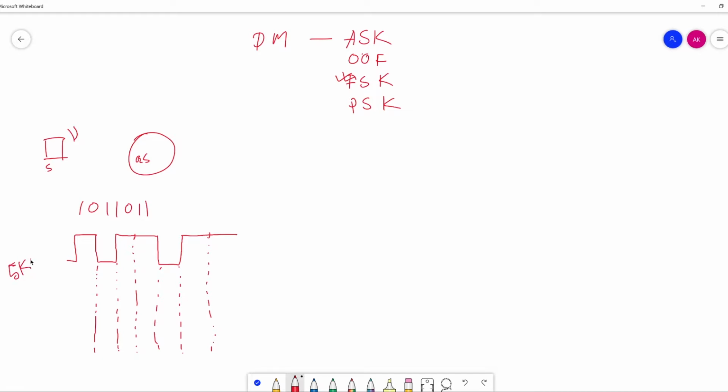So the 1 bit will be transmitted in a very high frequency, and this 0 part will be transmitted with a very low frequency, or let's assume this is 1 kilohertz, just for example.